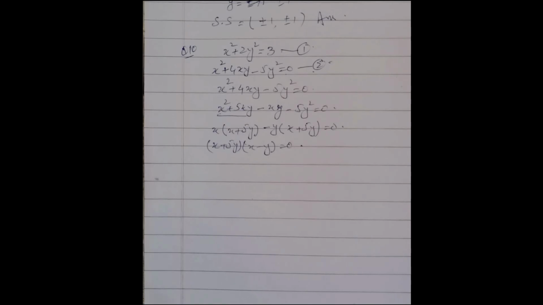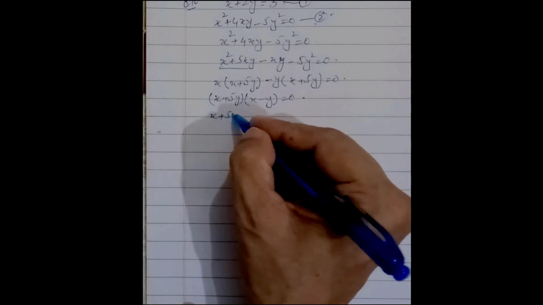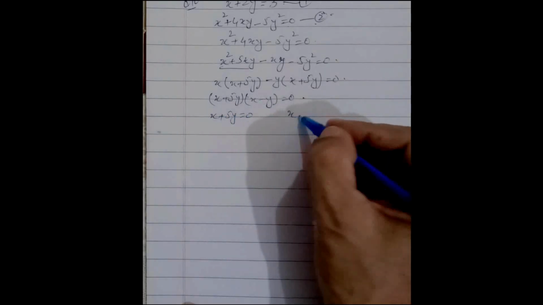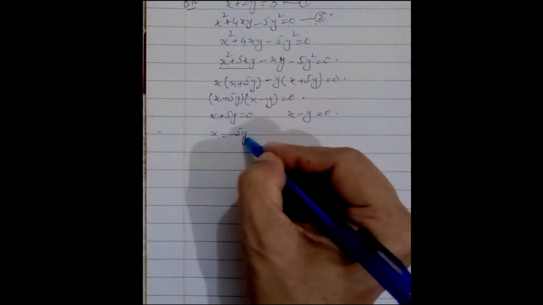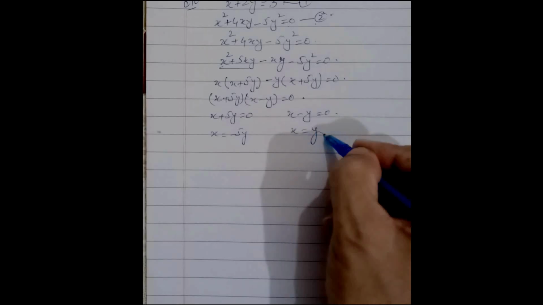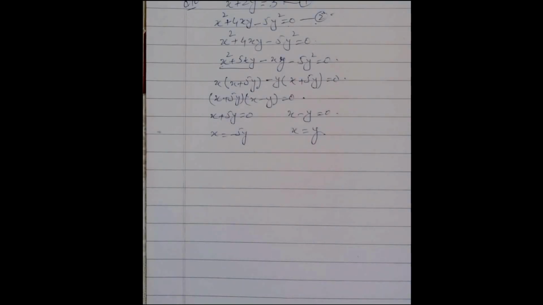In this way we get two values of x: x + 5y = 0 and x − y = 0. Then x = −5y and x = y. We get the two values of x.